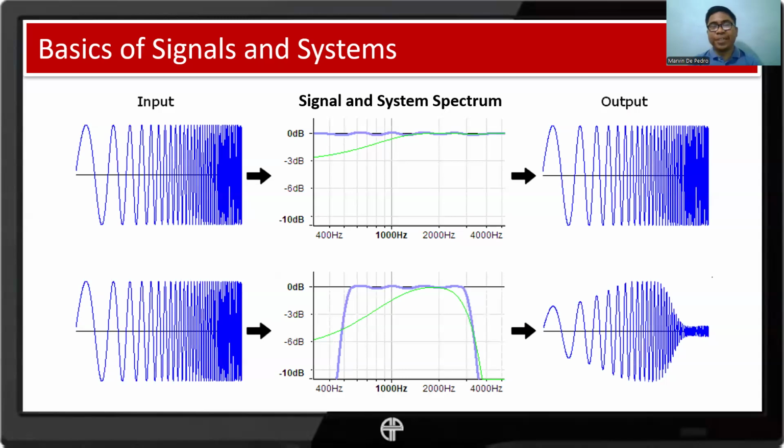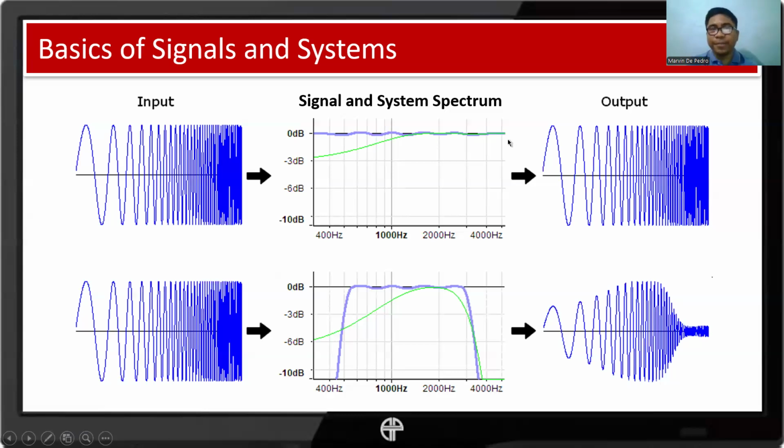Here's an example of an illustration of signal and system spectrum. For example, you have this input, and the color blue here is your system spectrum. As you can see, our input has a corresponding signal spectrum, which is the color green. It goes from here to here.